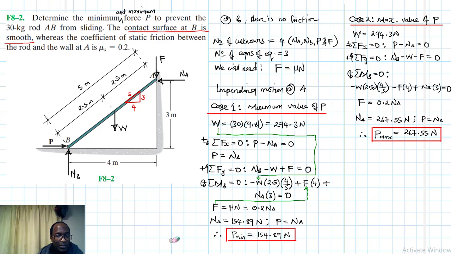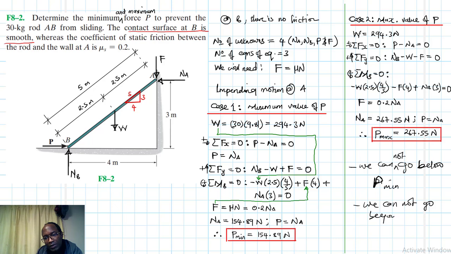So we cannot go below P minimum, and we cannot go beyond P max, for us to allow this particular rod to remain in that position without sliding.